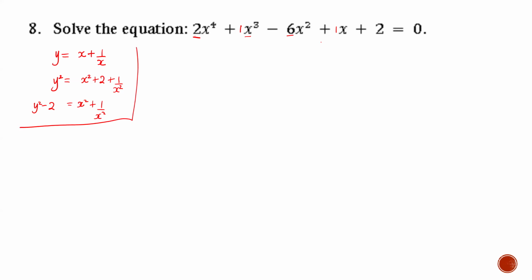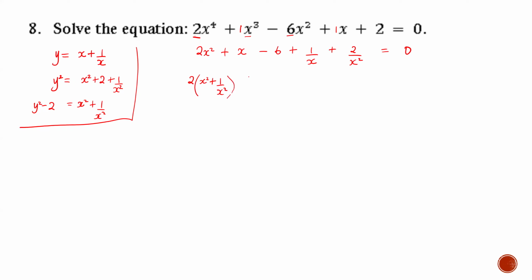The first step here is to divide all through by x squared. Divide all through by x squared, and we end up with 2x squared plus x minus 6 plus 1 over x plus 2 over x squared is equal to 0. I think you can see the symmetry coming out because we have a 2x squared and a 2 over x squared, so that I can write as 2 times x squared plus 1 over x squared.